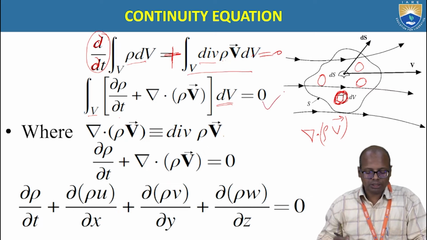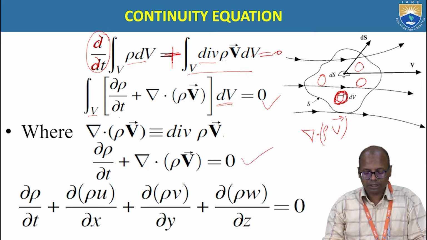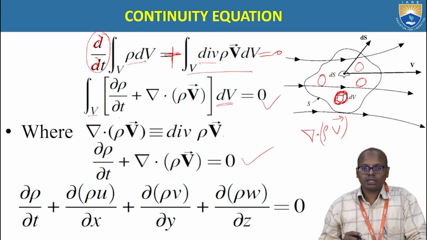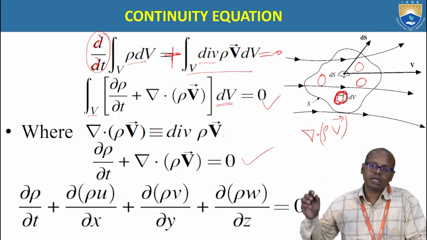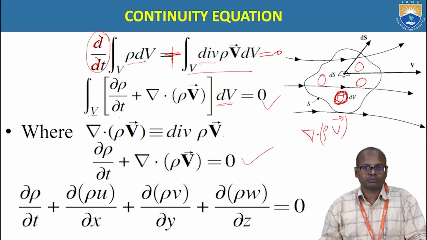Now this is the equation. Now this equation can be written like this. So what is the difference here? I mean, why are we making the integral into 0? Here the control volume shape is drawn arbitrarily. There is no particular shape.